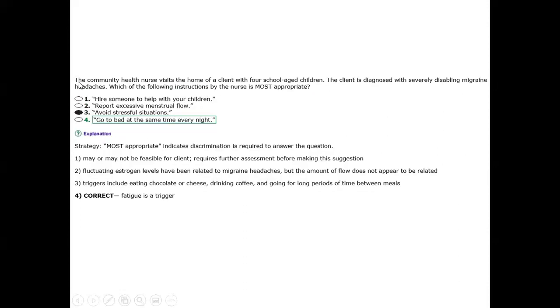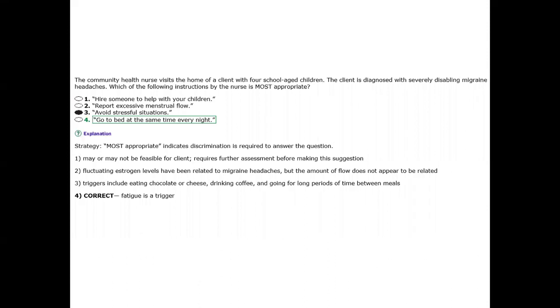Next question. The community health nurse visits the home to care for a school-age child. The child is diagnosed with a severely disabling migraine headache. Which of the following instructions by the nurse is the most appropriate?